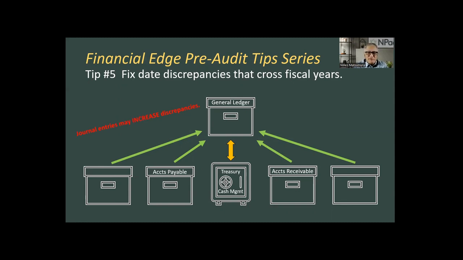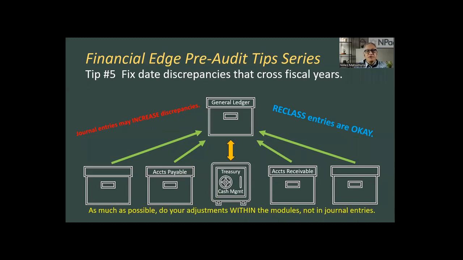The only type of journal entry that will not create a discrepancy in those modules are entries where you reclass a line item without changing the balances. In other words, entries that net to 0 change in balances. So as much as possible, do all of your adjustments within those modules, not in journal entries.